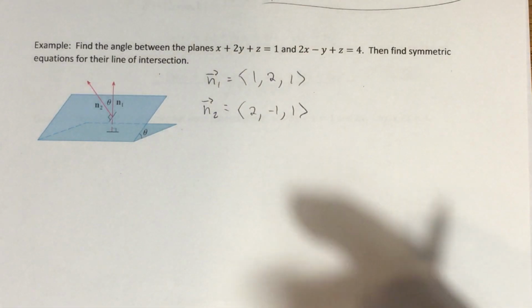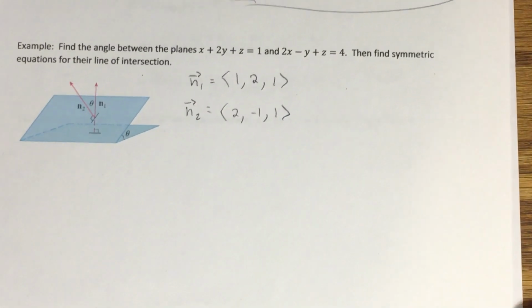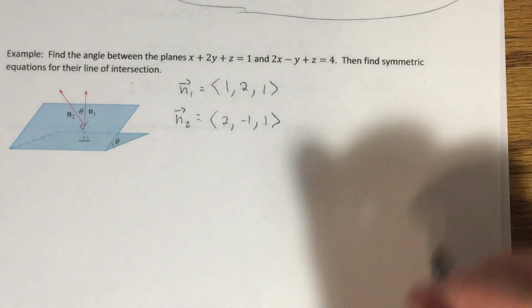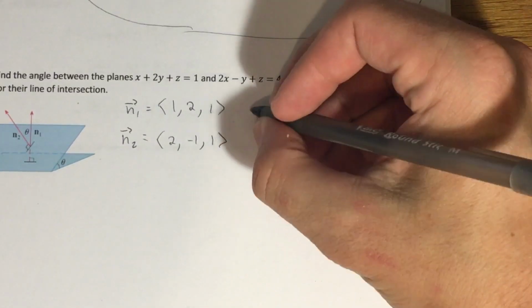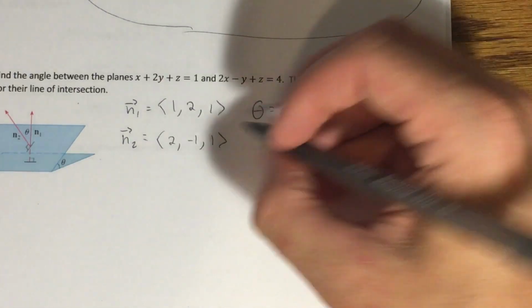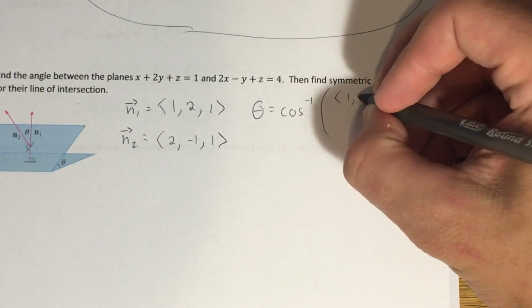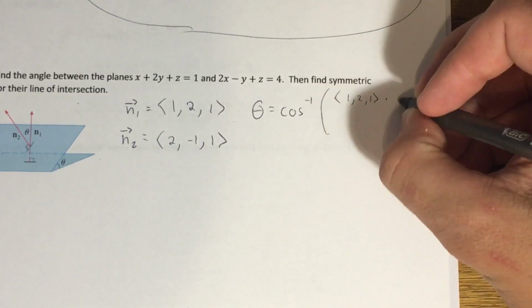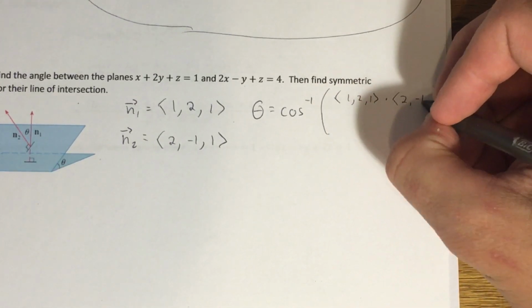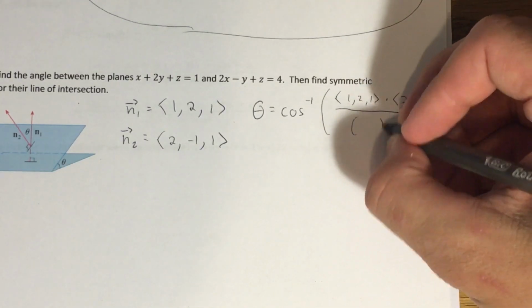All right? And so how do you find the angle between two vectors? Well, remember we talked about that in our section on the dot product. So theta will equal the inverse cosine of the dot product of these two vectors, (1, 2, 1) dotted with (2, negative 1, 1), over the product of their magnitudes.